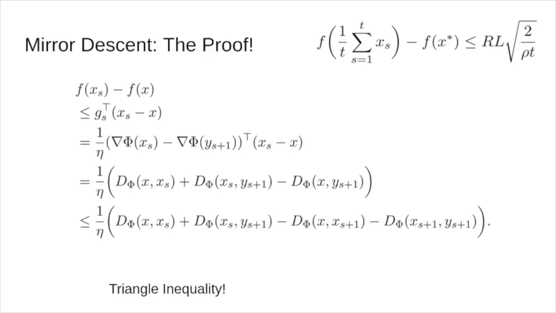So what's nice about this is that the first and the third term, remember we're going to sum all these things up, are something at xs minus something at xs plus 1. So when you add all those things up, they're going to telescope. You're just going to be left with the first thing, which is going to be x1, and the last thing, which is xt, the first thing minus the last thing.